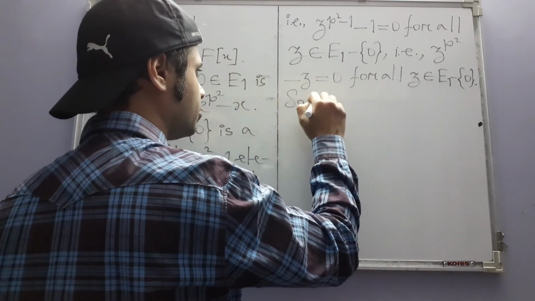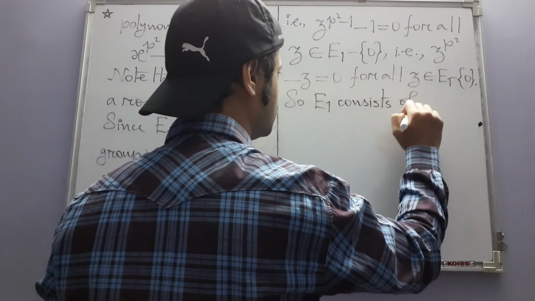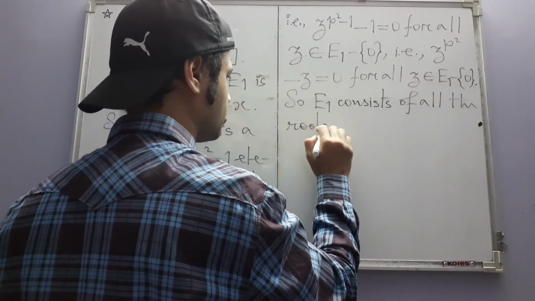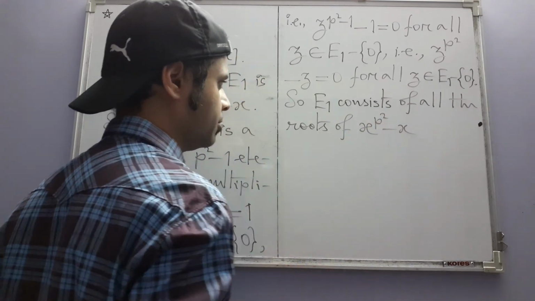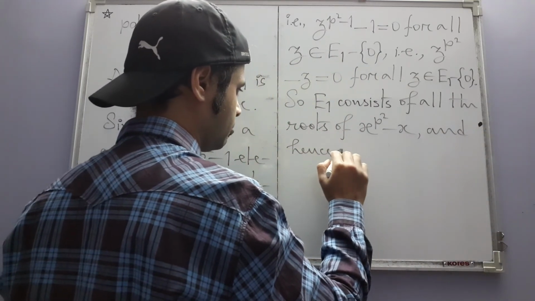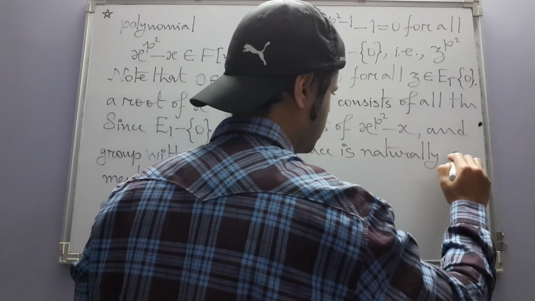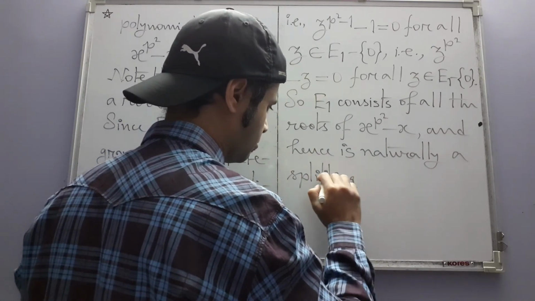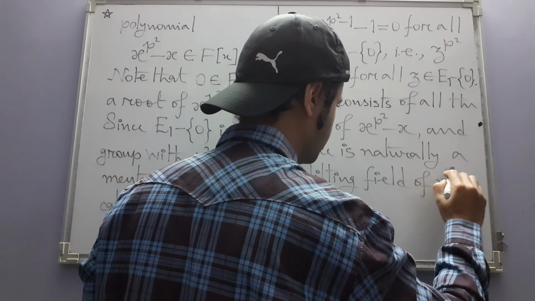So E1 consists of all the roots of our polynomial, and hence is naturally a splitting field of our polynomial.